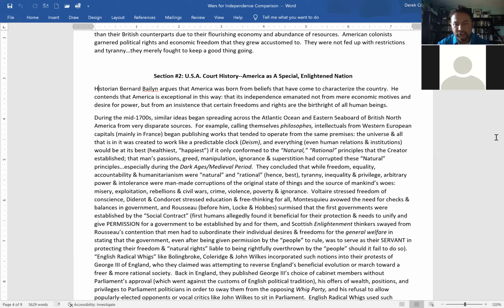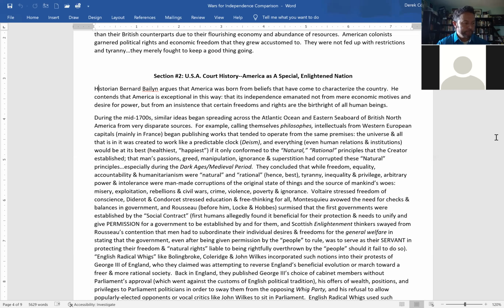So they were very much against arbitrary power, and they were for limited powers, so for a written constitution to define exactly what a government can and cannot do as far as being obtrusive into the lives of its citizens.